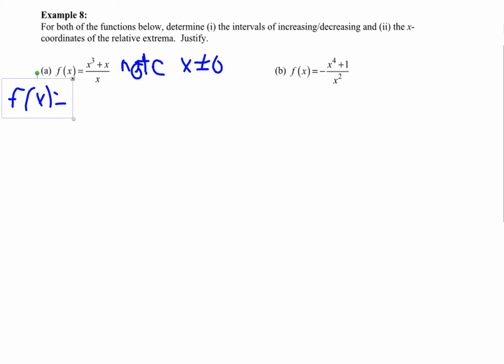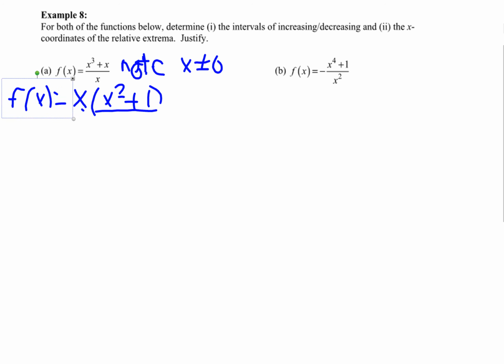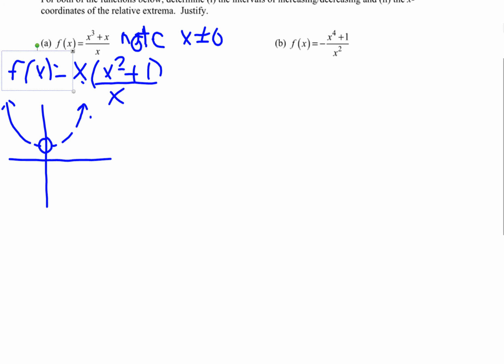If I factor out an x, we'll see that there's a hole occurring at x equals 0, and then it's just the graph of x squared plus 1. We have a hole at x equals 0, but it's just this nice looking parabola. So we need to first determine the intervals of increasing and decreasing, and then any x coordinates of relative extrema.